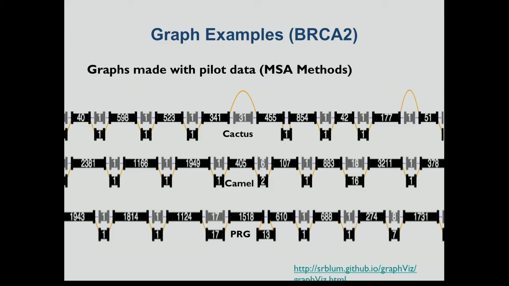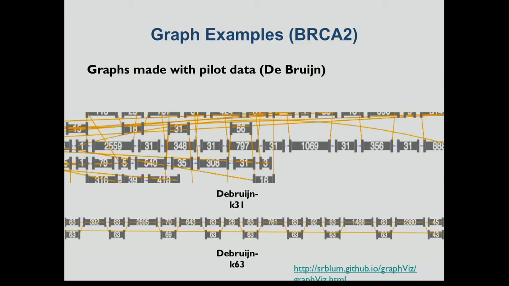Camel is another approach to do that, based on a methodology that I talked about here a while back, which was context-dependent sequence matching. And then this is a third method. These graphs look pretty left to right, but if you look at the De Bruijn graph, especially at K31, it's very much not a left to right kind of thing.